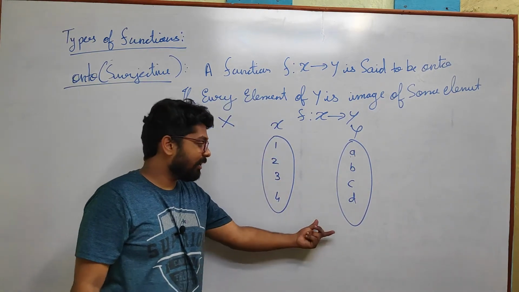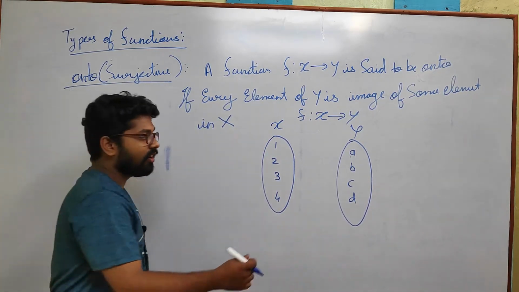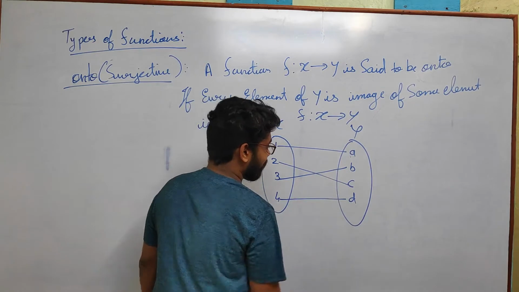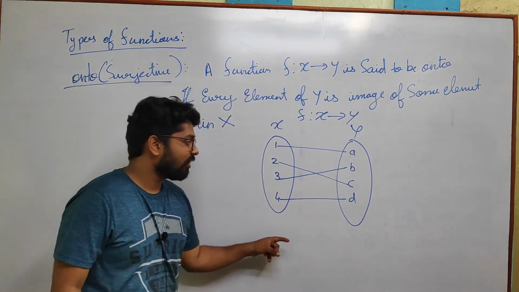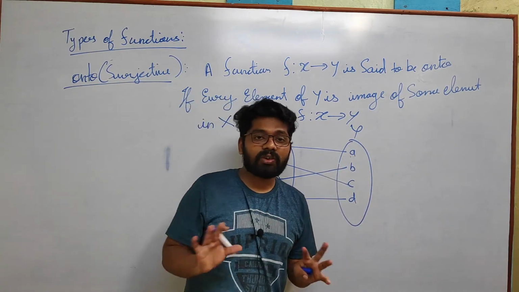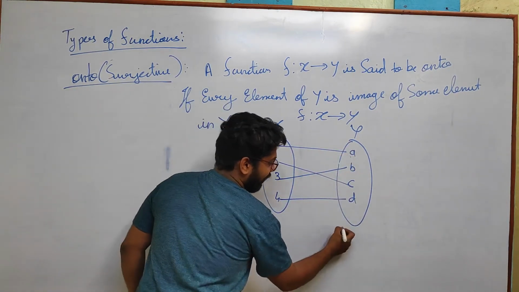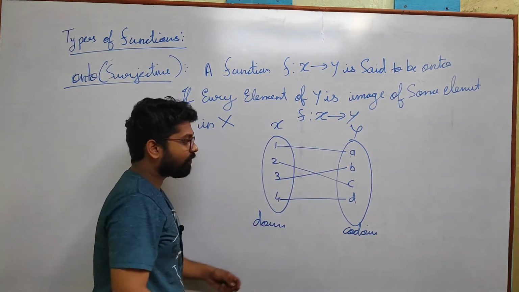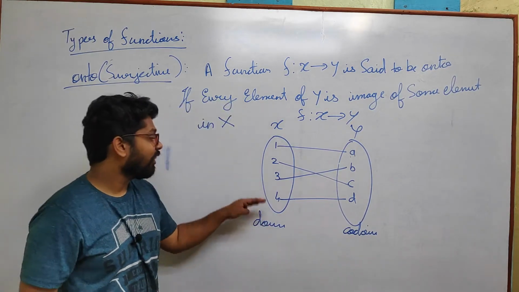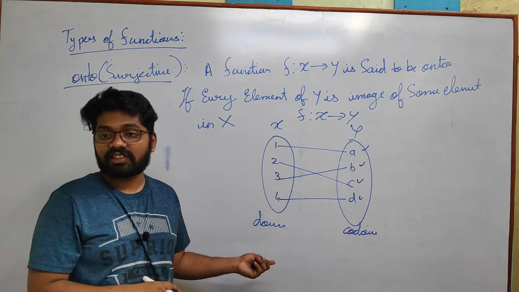Now every element of y should have at least one image in x. So 1 is mapping with a, 3 is mapping with b, and 2 and 4 with the others. Do you see any empty or unmapped elements in the codomain? There is no element in the codomain which is unmapped. Everything is exhausted already.